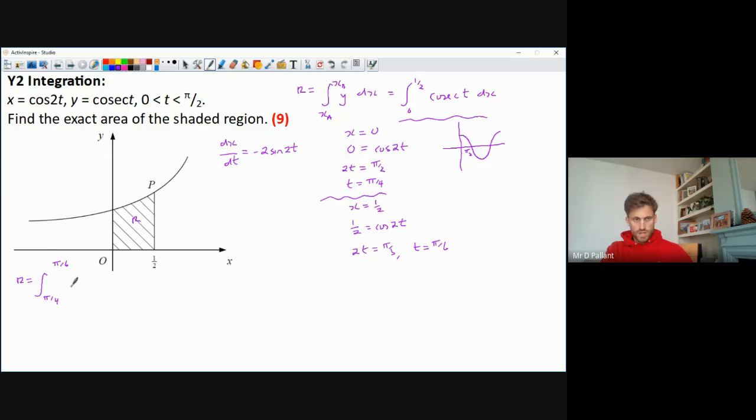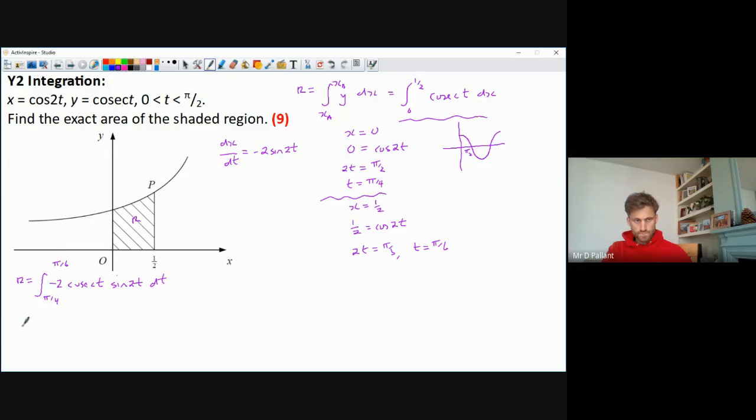Then I've got cosec 2t, which I'm going to write as 1 over sine t. Let me just write it out first. I don't want to lose anyone. So I've got a cosec t, and then this minus 2 sine 2t, minus 2 there. So that's replacing this with a dt there.